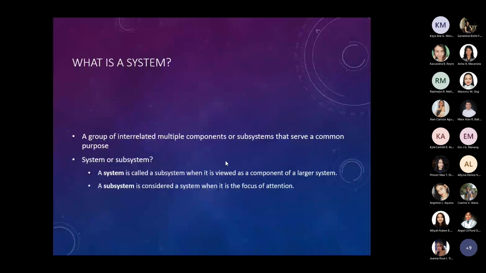So, sabi natin, kailan naman ang isang subsystem is considered a system? Kunyari, sabi ng financial reporting system, paano siya nagiging system? Kung siya ang focus ng attention. Kung ang kailangan mong information is about financial statement, doon ka. Ang pag-uusapan lang nating system is financial reporting.